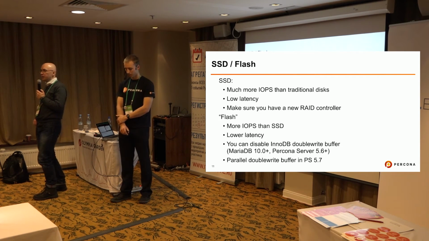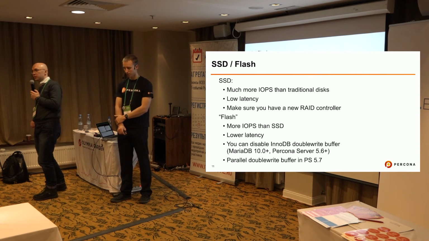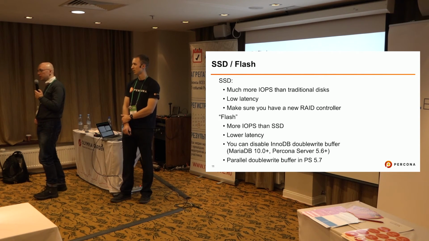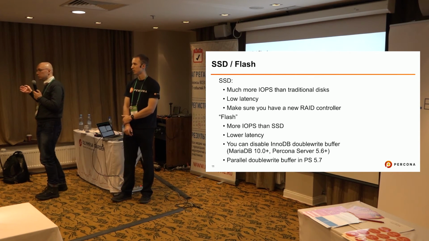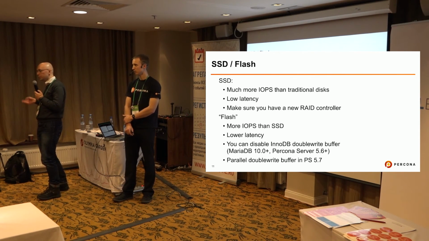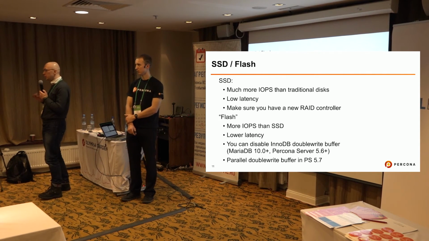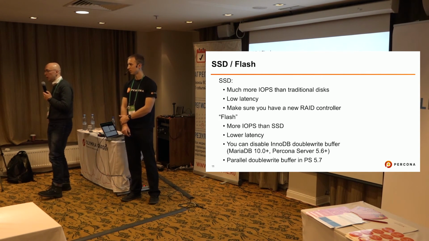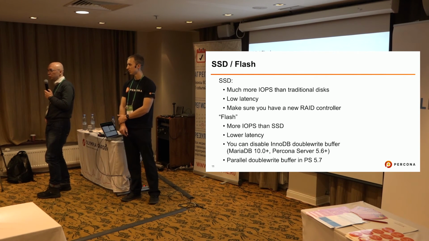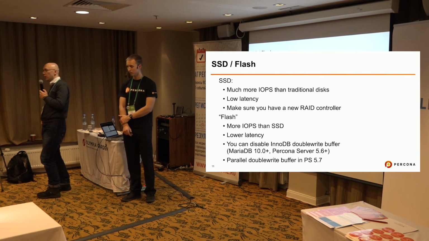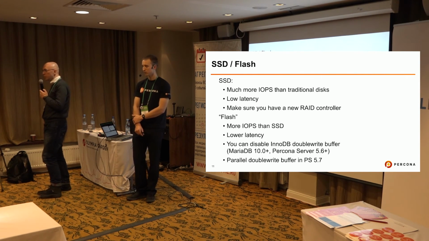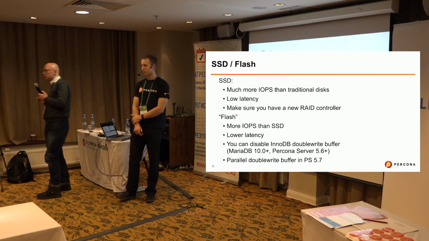But as I understand, this feature is not implemented for a significant amount of other storage from different vendors. And this is a specific feature for Fusion IO. And for other things, you should have the double write buffer enabled to avoid partial page updates.